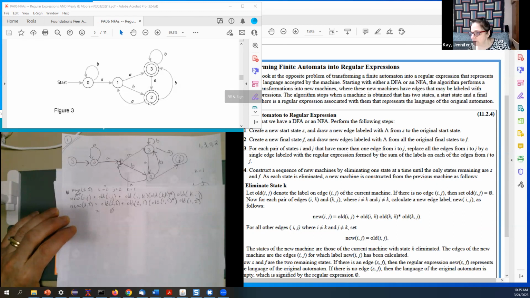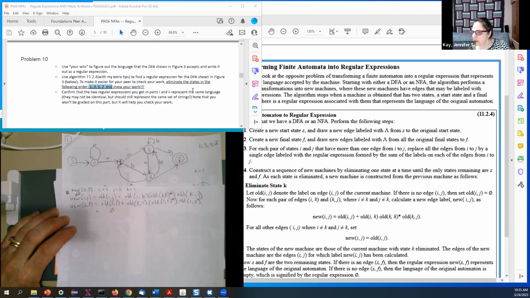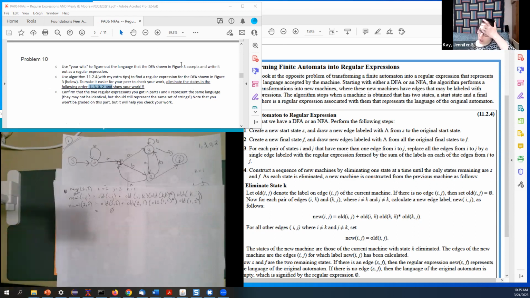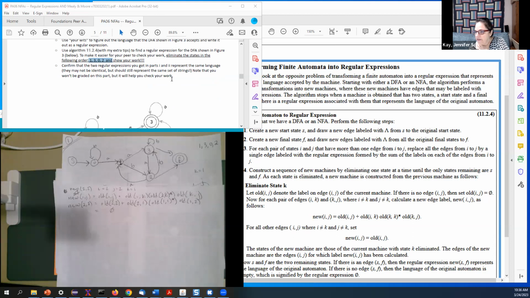So just to review what I'm doing for this recording, I am trying to do problem 10 from the homework. I'm not using my wits, but I'm just using algorithm 11.2.4, which is this algorithm over here on the right, to find a regular expression for this DFA.